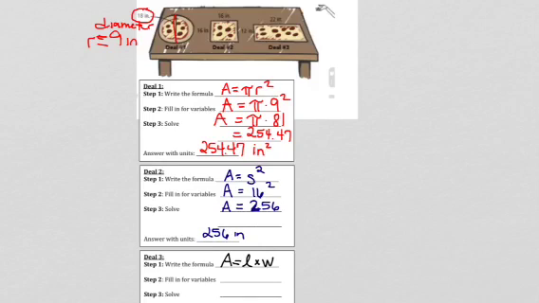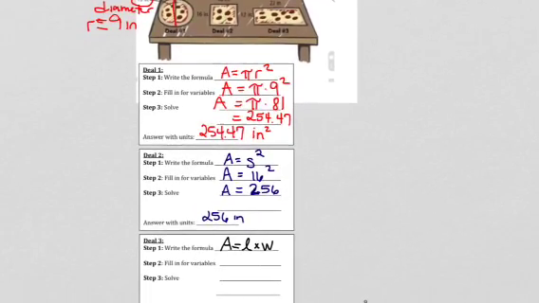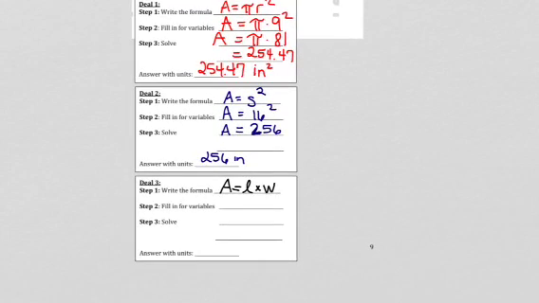The area of a rectangle is the length times the width, so that is 12 times 22. So the area is 12 times 22. You just type that into your calculator, and we get the area is 264.